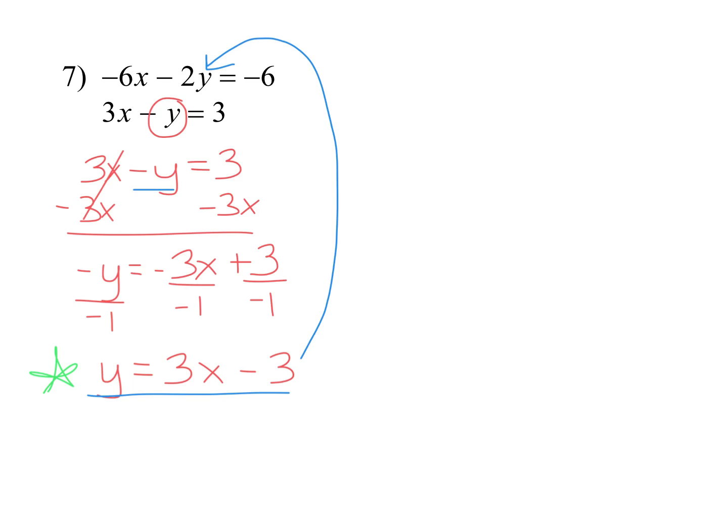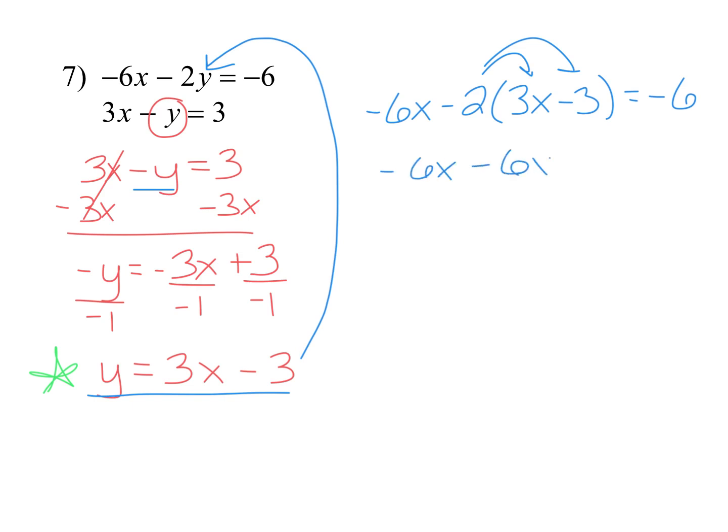So if I plug that in, I get negative 6x minus 2, and then I plug in my 3x minus 3 equals negative 6. Okay, first step, distribute. Negative 6x minus 6x plus 6 equals negative 6.